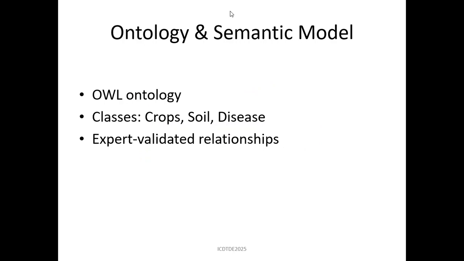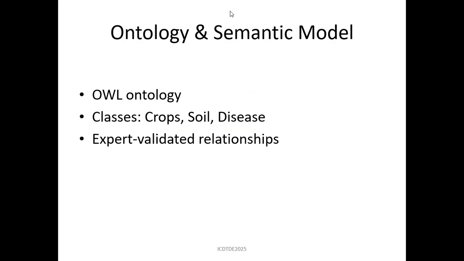Then we have ontology and semantic model. The ontology represents structured knowledge about crops, soil types, fertilizer categories, diseases, and pesticides. It defines clear relationships among these elements, enabling reasoning.